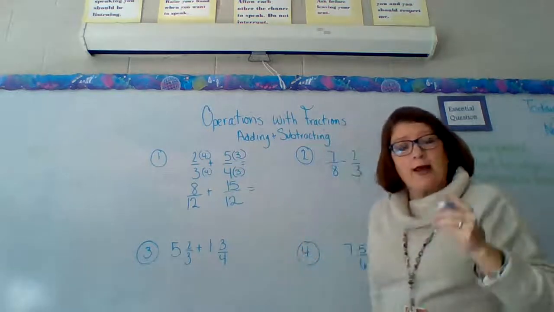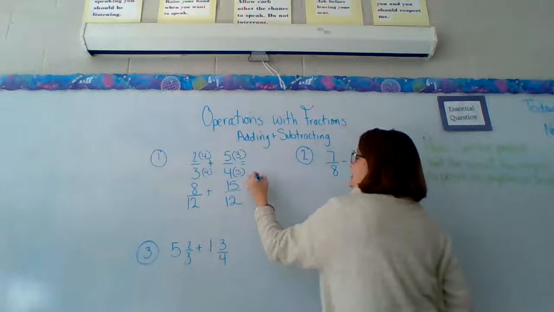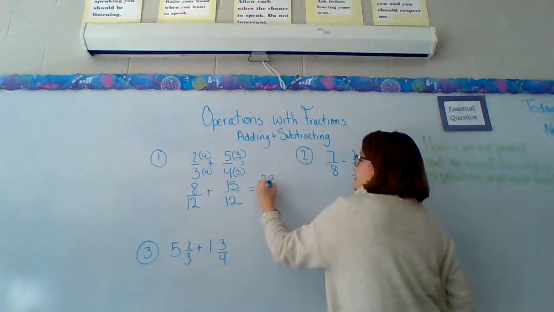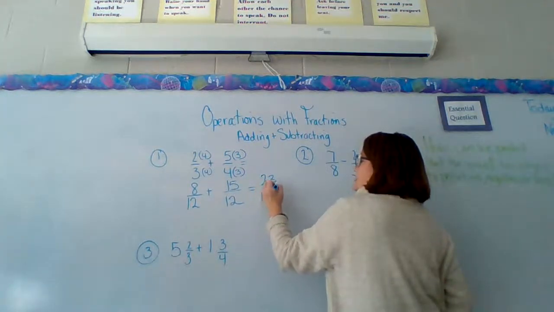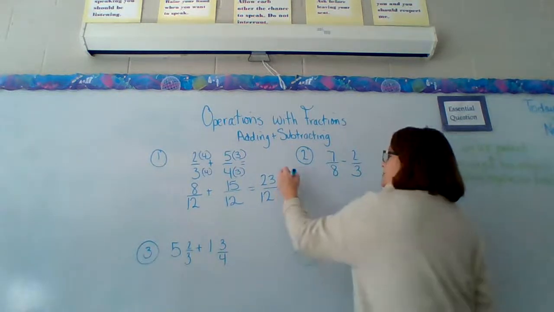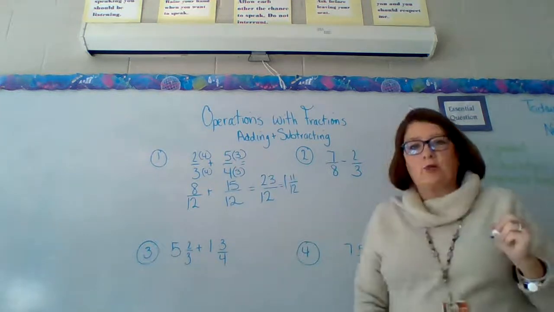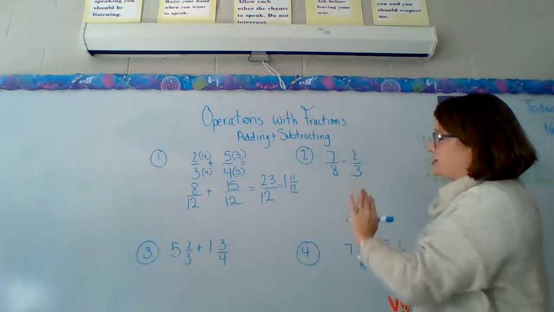So now I can add just my numerators. 8 plus 15 gives me 23, 23/12, which if you wanted to write that as a mixed number, would be 1 and 11/12. So that's our first example.